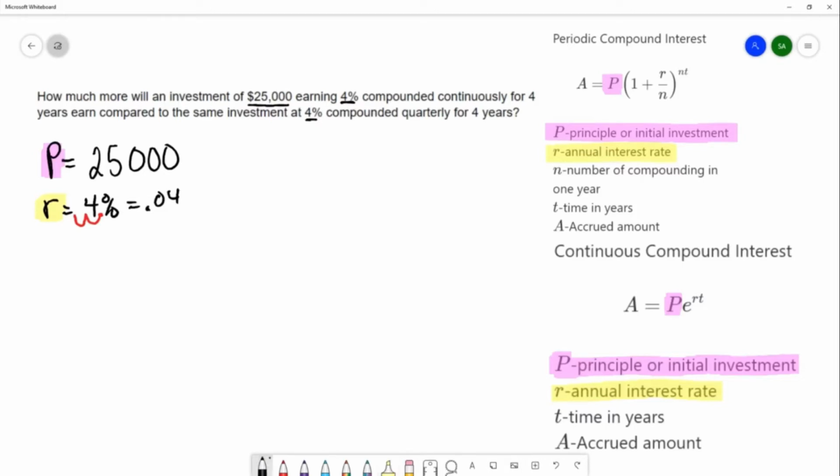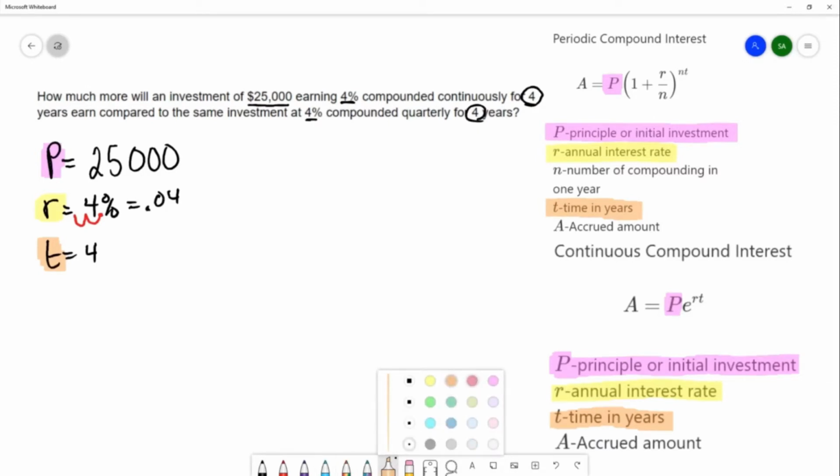We're leaving the account alone for 4 years, so T is 4 years. T is time in both formulas. In the periodic formula, there's one more piece of information, the number of compoundings in 1 year.